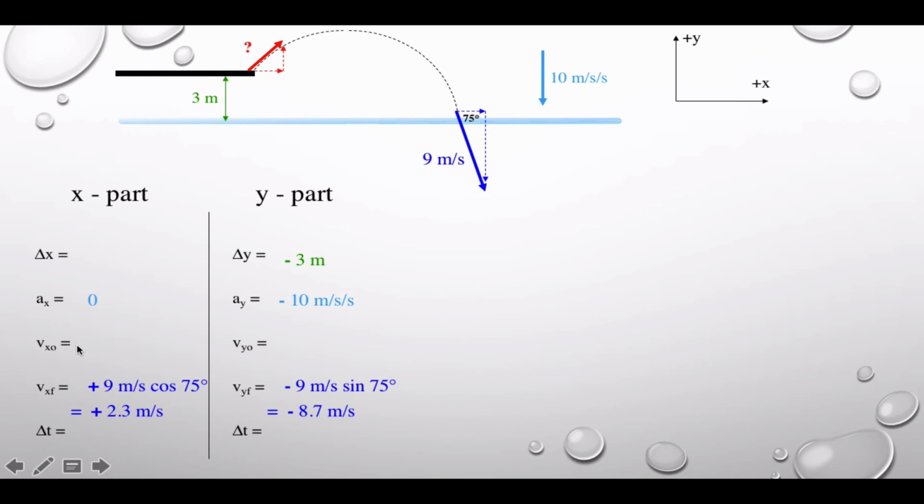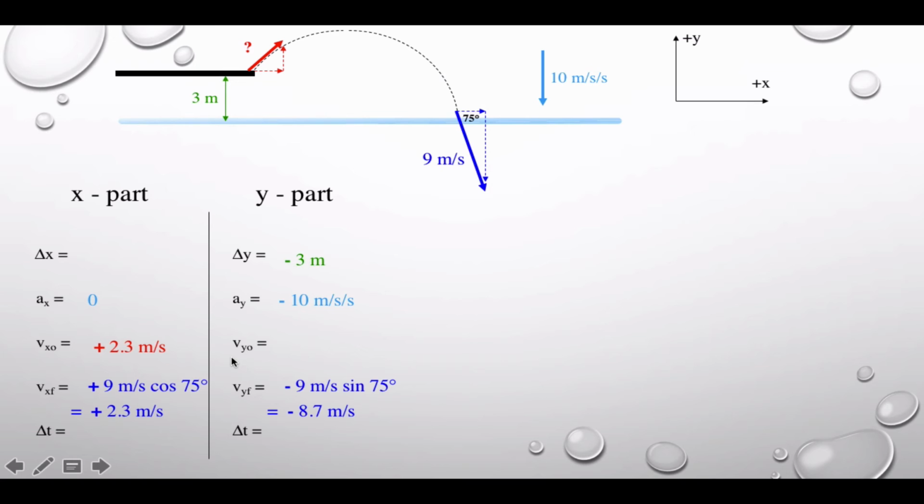Since the initial and the final velocities in the x direction are equal, we can just state that the initial velocity in the x direction is equal to the final velocity in the x direction. So now we have one of our components for our initial triangle, which is great. Now we just have to solve for our initial velocity in the y direction.